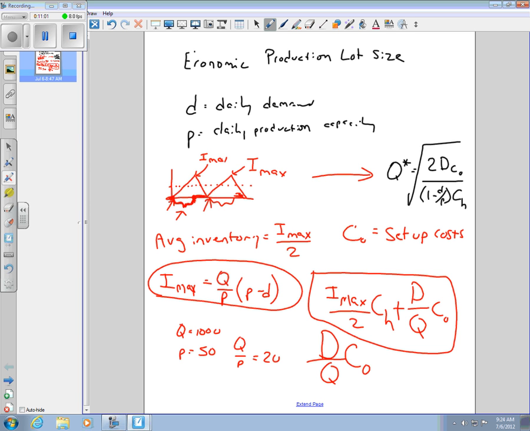This formula, which you don't need to memorize, it would be given to you, will spit out the optimal production quantity size that will minimize the sum of my holding costs and my setup costs. I'm going to pause it. We'll come back with a quick example.